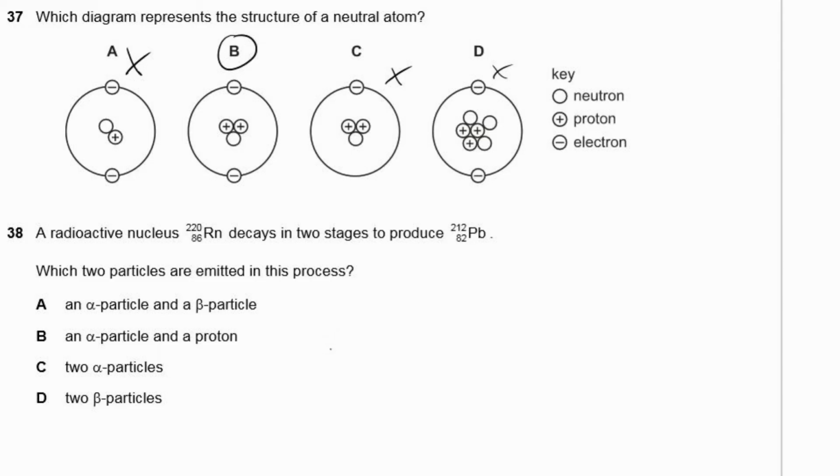38. A radioactive nucleus, radon 220, 86, decays in 2 stages to produce lead, Pb, which is 212 and 82. Which 2 particles are emitted in this process? Now, if we look at it, we can see we've lost 4 protons and 8 protons plus neutrons.